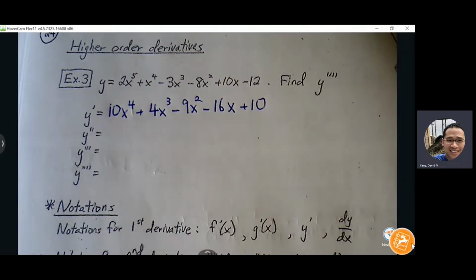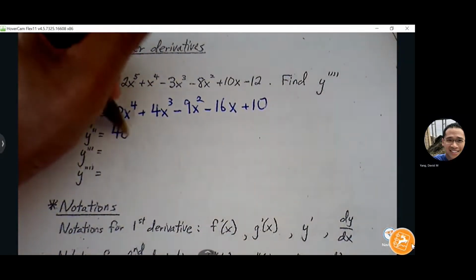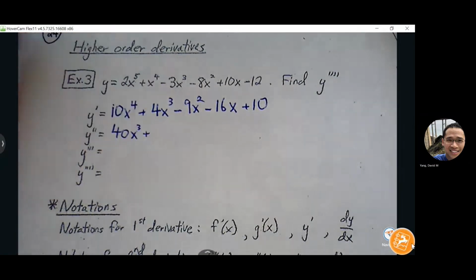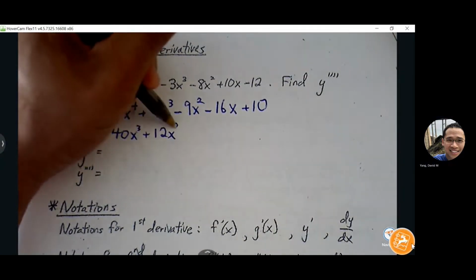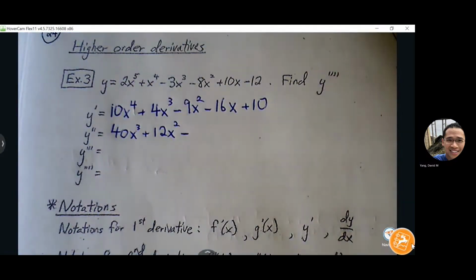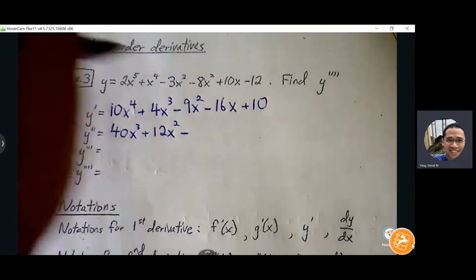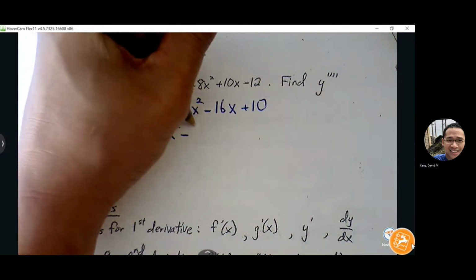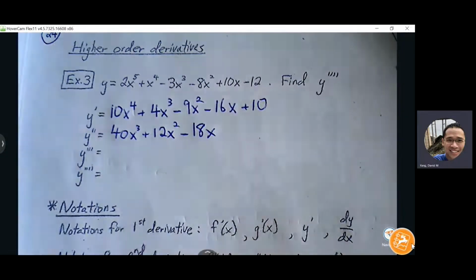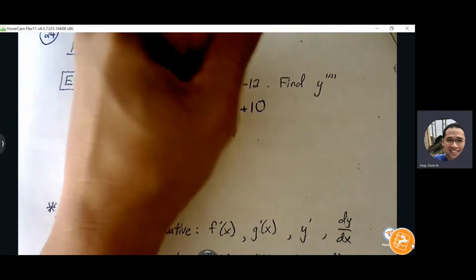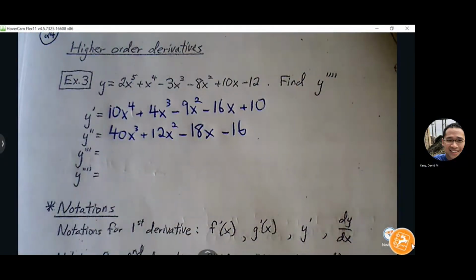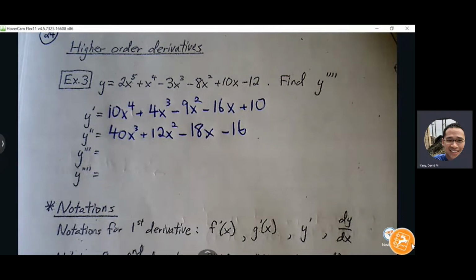Okay, let's find the second derivative. Plus 12x squared. Minus 12x. 18x, right? Oh yeah, 18, sorry. Okay, minus 16, and the 10 goes to 0, right? Drops out.